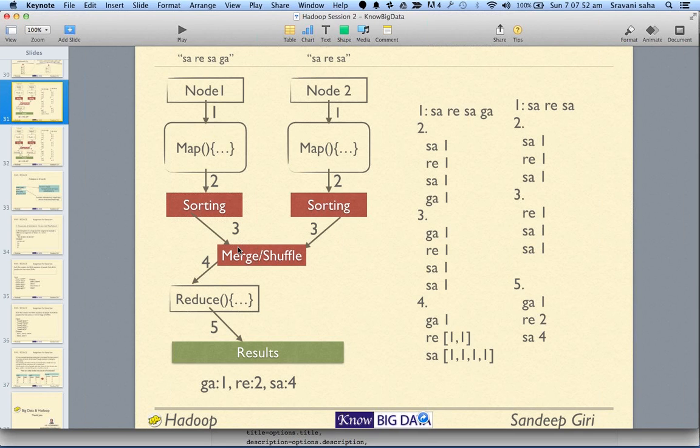Whatever code you write in the mapper is run on all of these computers, and the duty of your mapper is to give out keys and values. Given any input, how you convert that input into key value pairs is decided by your mapper code.